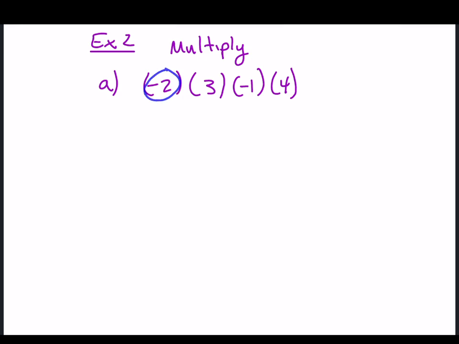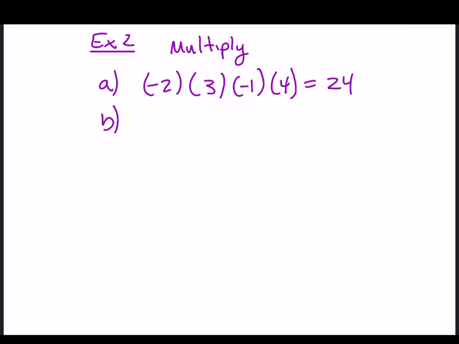We have a negative 2 and a negative 1. So we have two negative numbers. That's an even number, so our final answer is going to be positive. 2 times 3 is 6, times 1 is 6, times 4 is 24. And again, since we have an even number of negatives, we end up with a positive as our final answer.